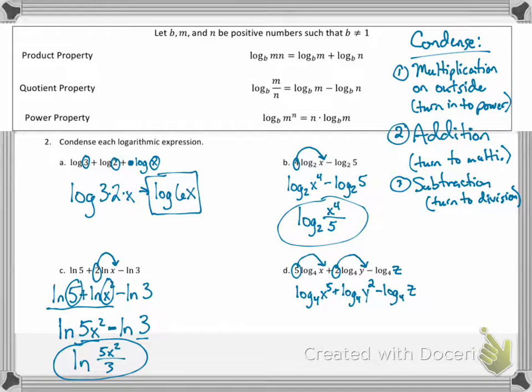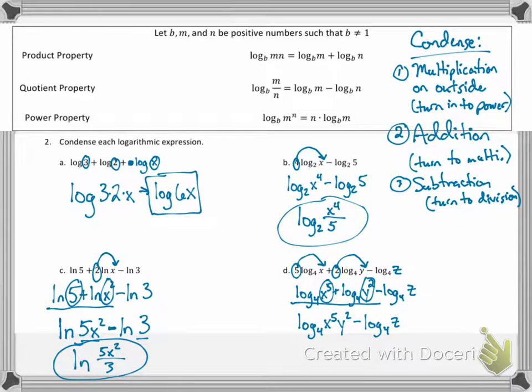Second step, look for addition. Hey, look what I got there. I got some addition. We're going to condense those things together and turn them into multiplication. So x to the 5th times y squared. All I'm going to do is write this as log base 4 of x to the 5th, y squared, and then pull down the minus log base 4 of z.